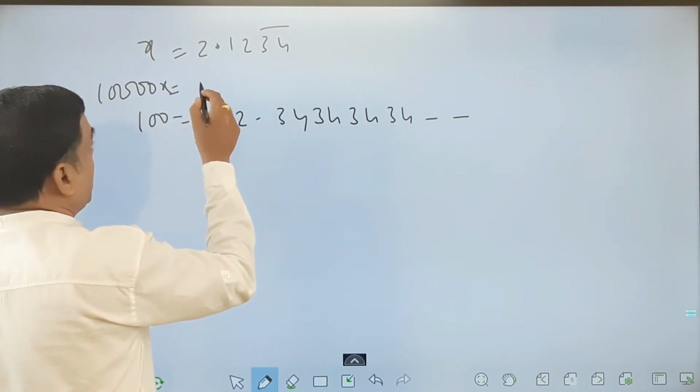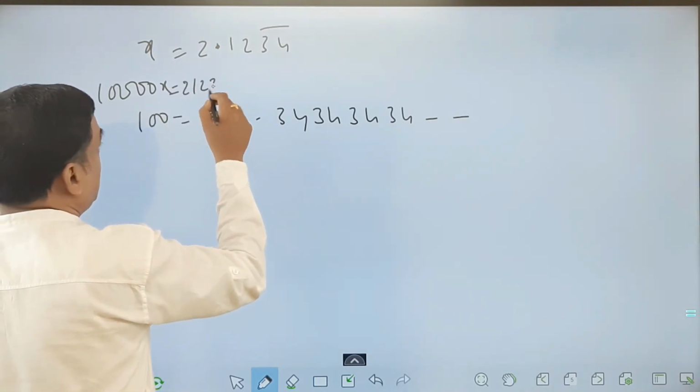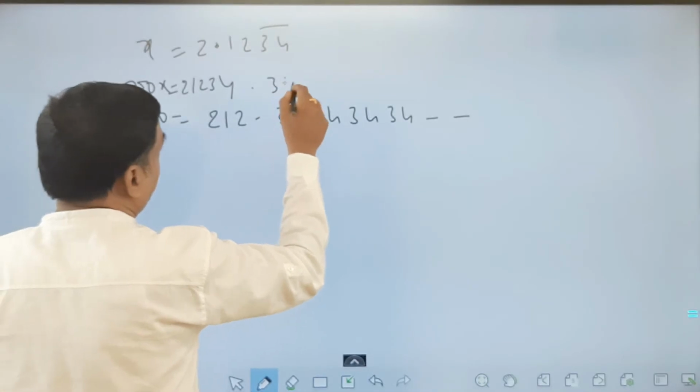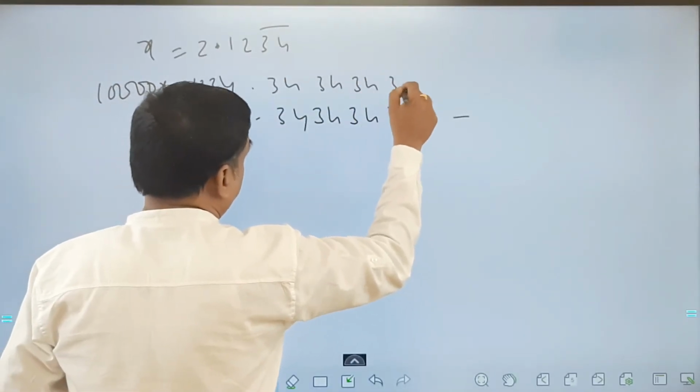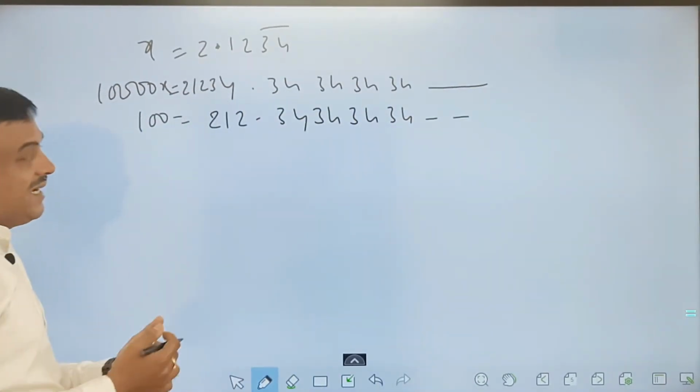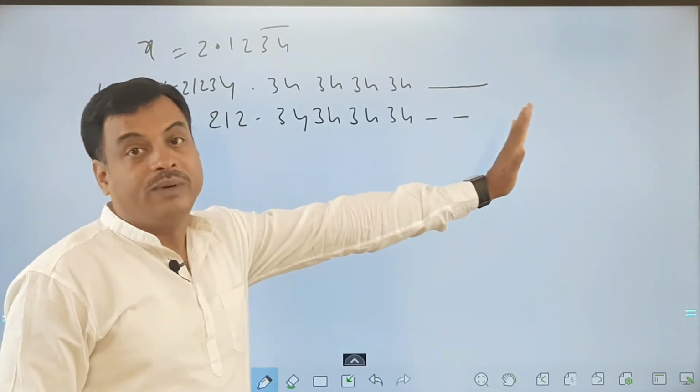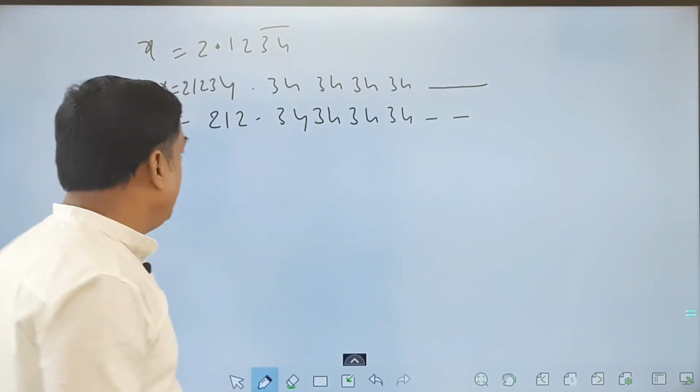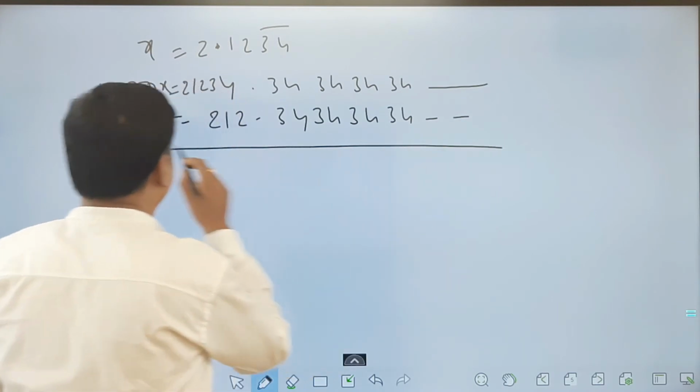And after you multiply, this will be 21234.34343434 and so on. The basic idea is to make the decimal side completely 0. Fine. Now, when you subtract, what will happen, my friend?